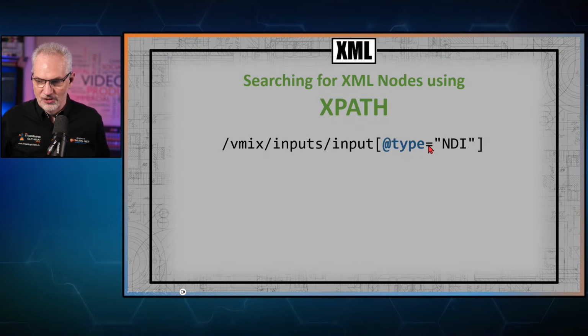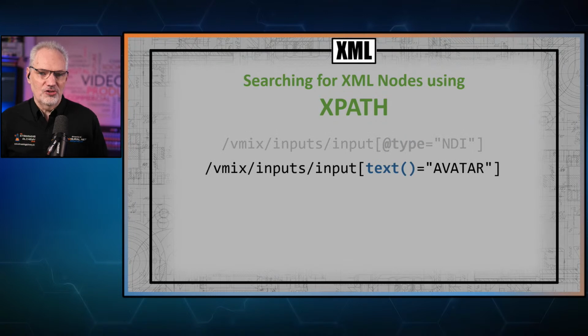And by having this equals quote NDI, what it's looking for, in this case in vMix very specifically, would be all of the inputs that are in vMix that originate from an NDI source. And in vMix, in the input elements, it will say type equals NDI for all the NDI sources. So this just lets us say, I have all these inputs, I just want the ones that are coming in via NDI. So that's one mechanism.